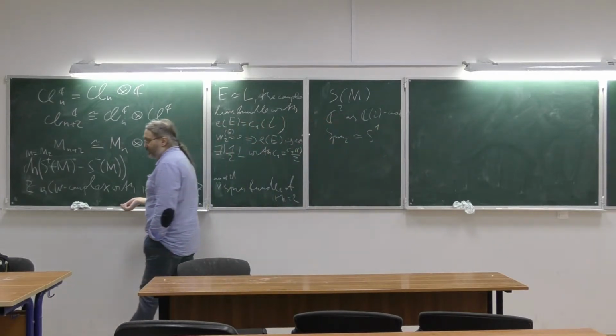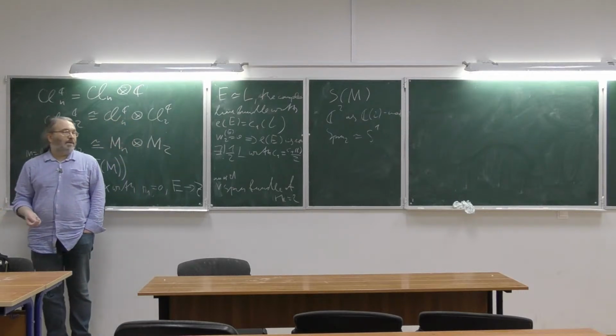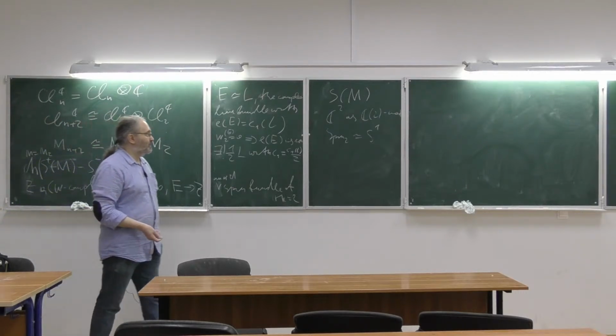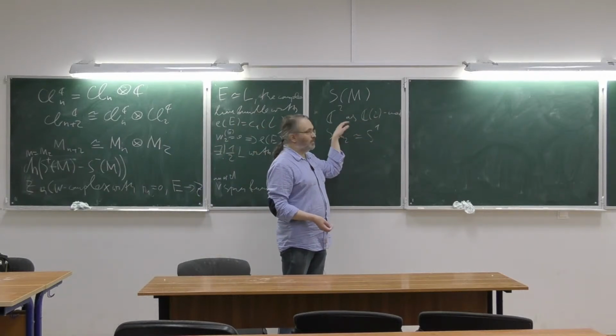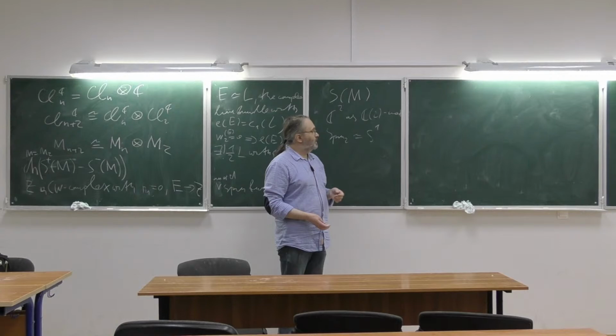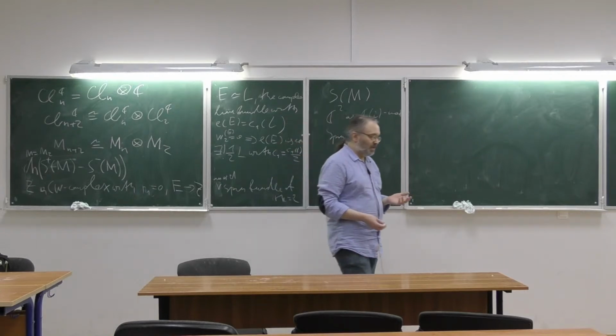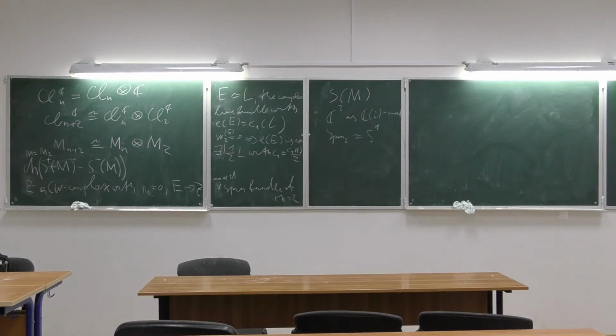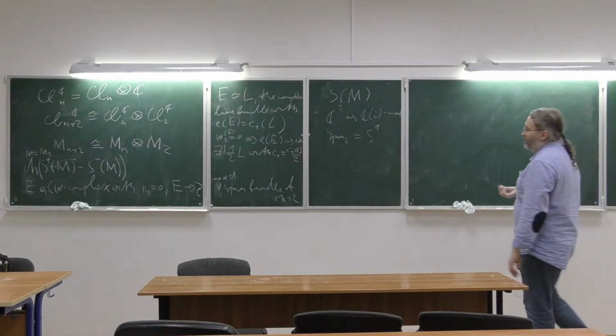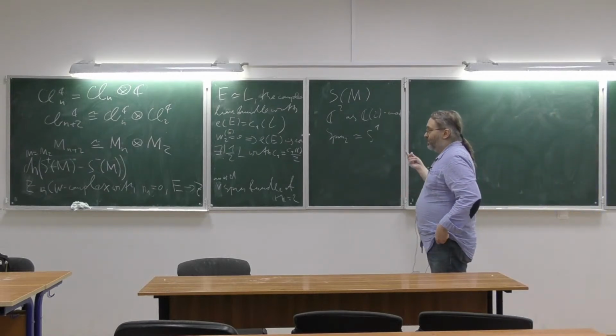Spin 2 is just the circle, and there is a decomposition of the C2 into the plus and minus eigensubspaces of the complex volume form.